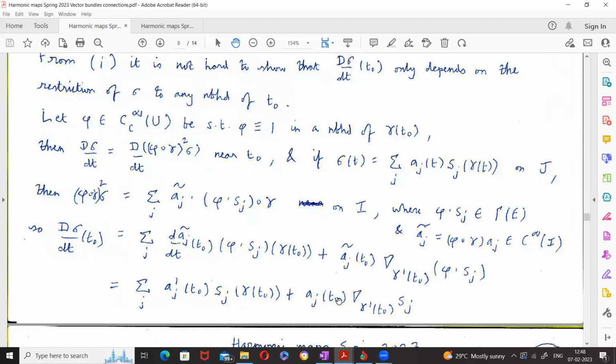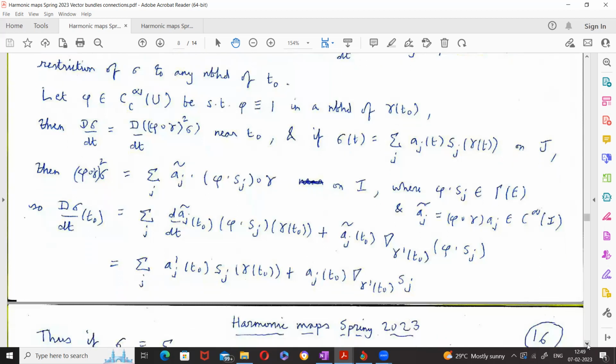And now we use this other property of the connection, that it only depends on the germ of the section near the point, right? So phi is 1 in a neighborhood of gamma of t naught, so the germ of phi times sj is the same as the germ of sj near gamma of t naught. So this will be nabla sub gamma prime of t naught applied to sj. Okay, so we can forget about the phi.